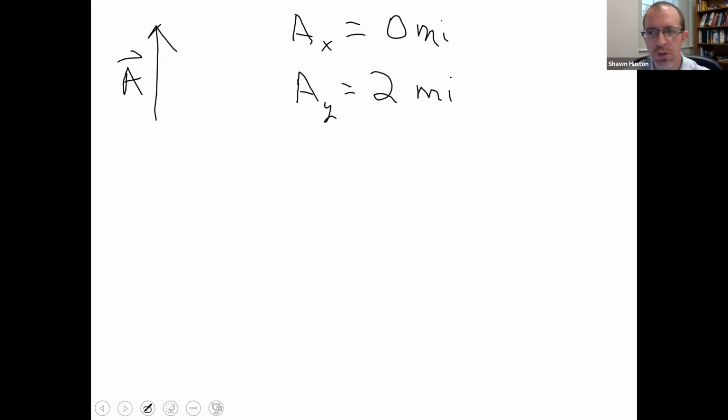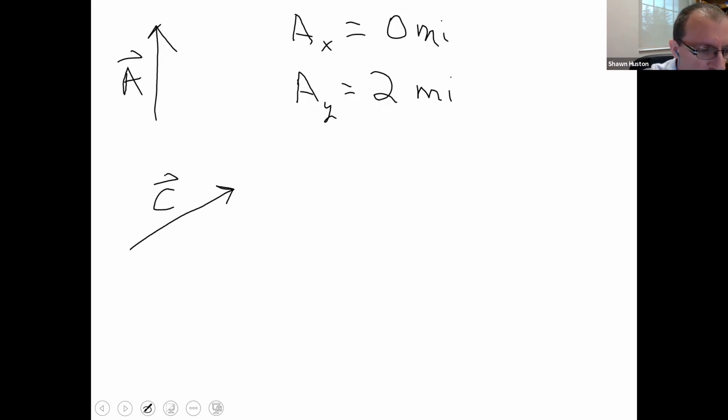Let's see, what other information do we have? We know something about vector C. I'm a little bit off there on my angle, but this is going to be good enough. Vector C is right there, and it is at 25 degrees north of east. I'll draw that number in just a second. What we can do with vector C is break it down into its X and Y components. How do I do that?